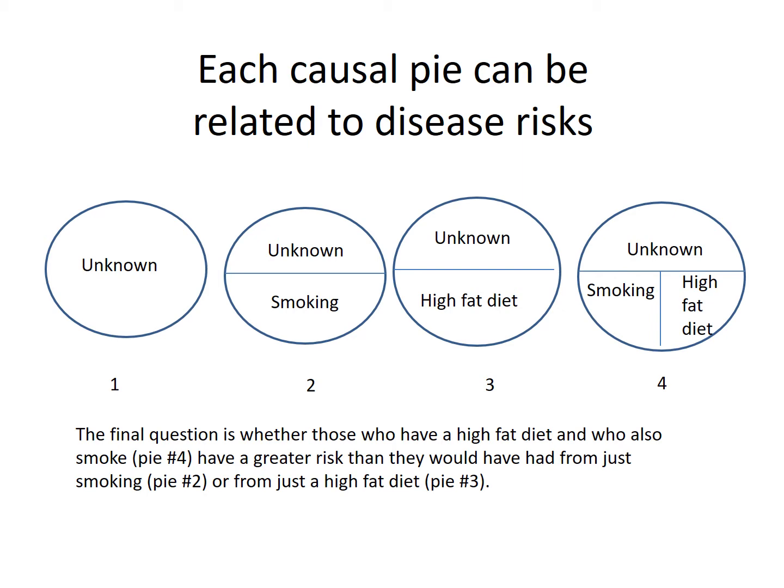And again, we have to compare that to the same reference group we used for causal pie 2 and causal pie 3. So we're talking about the smokers who have a high-fat diet, and we're looking at their risk in comparison to those who are non-smokers and who don't have a high-fat diet. So that's how we look at the risk of the two together.